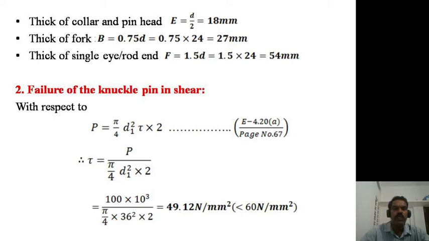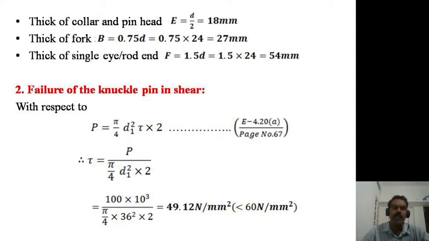In this equation we have to calculate the tau value again, even though it is given in the problem, for cross verification and cross checking. We find the tau value after applying the P value, that is 100 into 10 raised to 3 divided by area, that is pi divided by 4 into d1, where d1 is equal to d, that is 36 whole square into 2. After simplifying it, you will get 49.12 Newton per mm square. So this is the tau value.